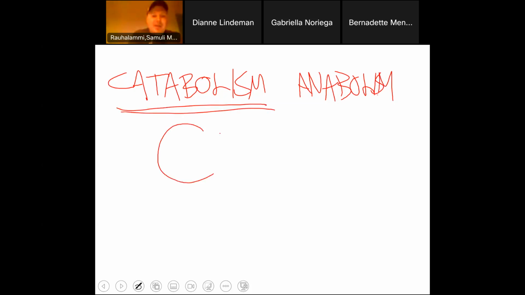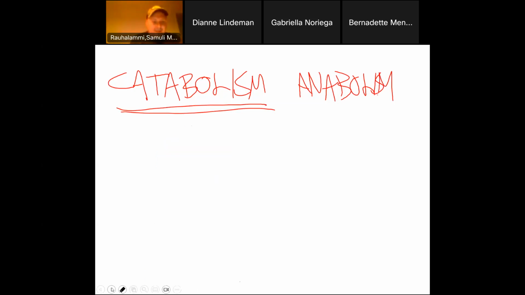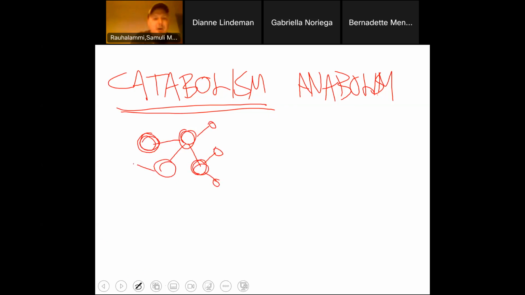What happens in catabolism is that we have this large molecule, and this large molecule contains many different kinds of bonds that hold smaller particles together. I think I can actually illustrate it even better, so let me just draw it differently. So here we have different kinds of atoms being held together, forming one large molecule. And you remember that these bonds were a way of storing energy.